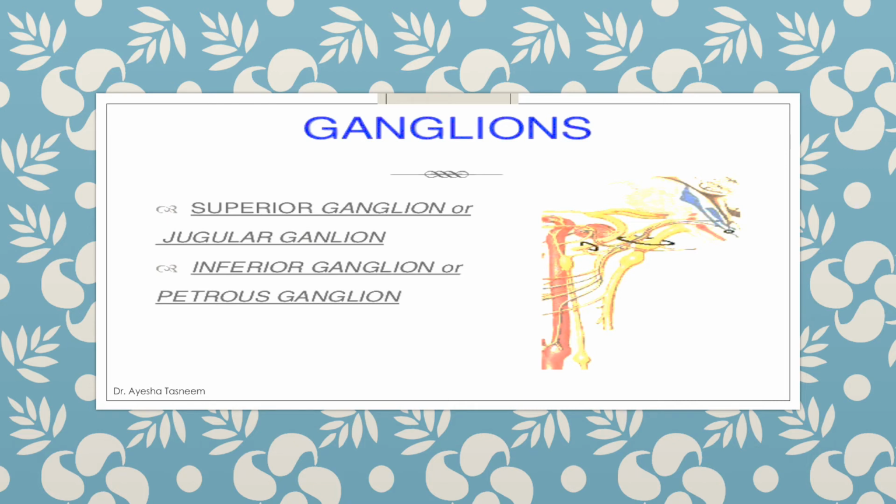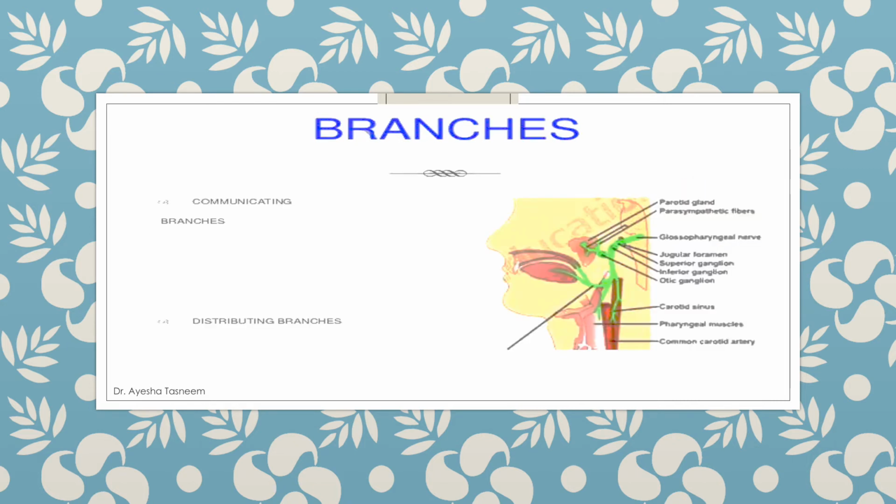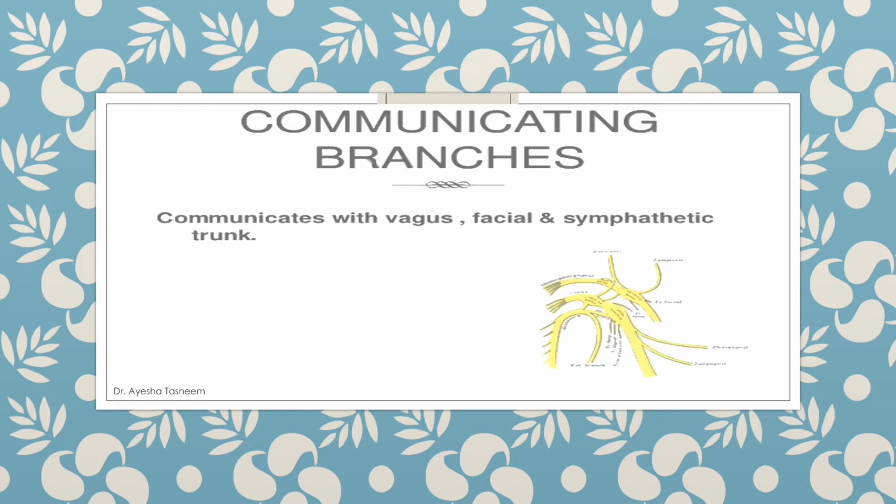Now we come to the branches of the glossopharyngeal nerve. Glossopharyngeal nerve give communicating and distributing branches. The communicating branch basically connect vagus, facial, and the sympathetic trunk.